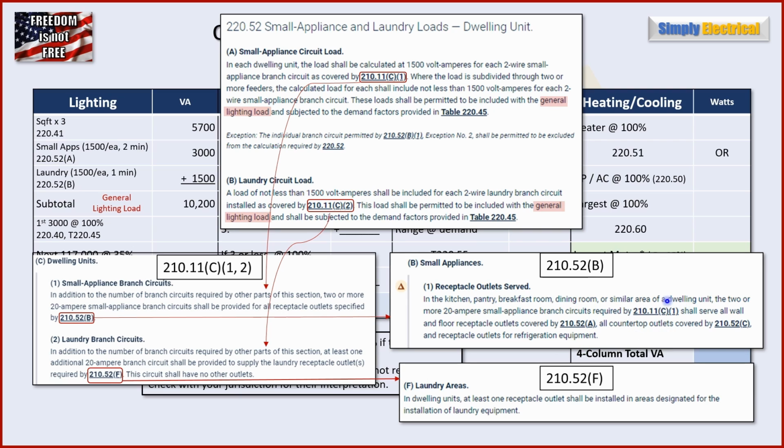So basically, all these outlets in the kitchen that are covered under these areas, those are what your small appliance branch circuit load is covering.